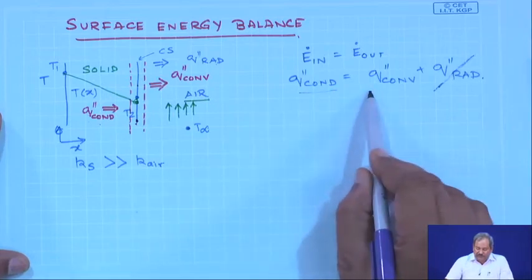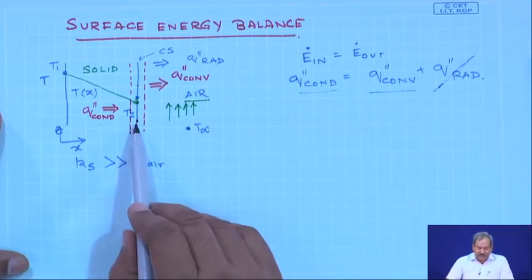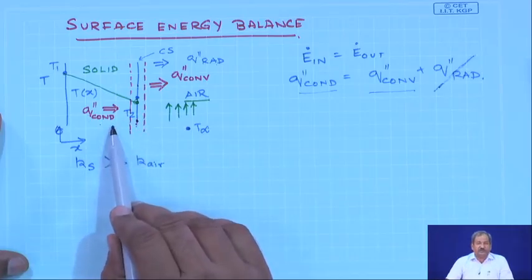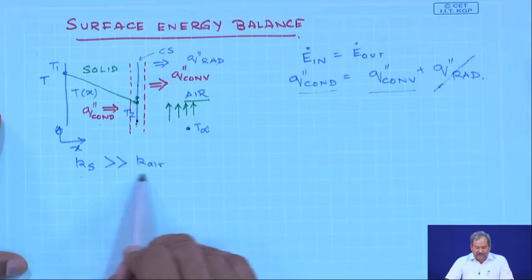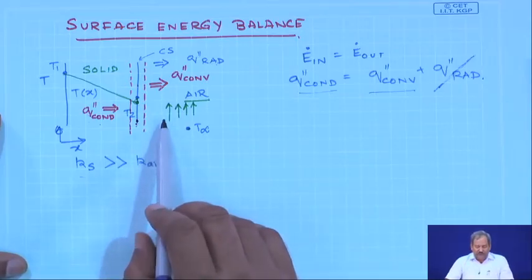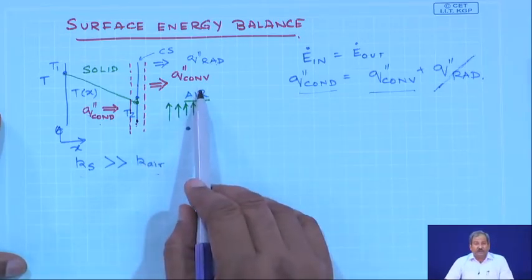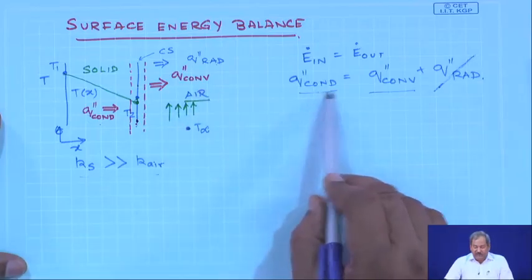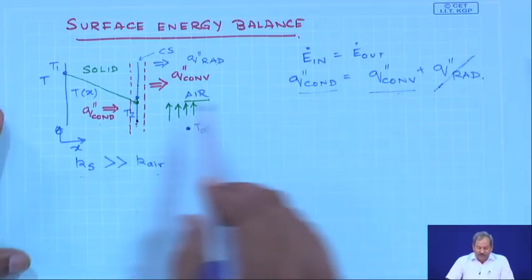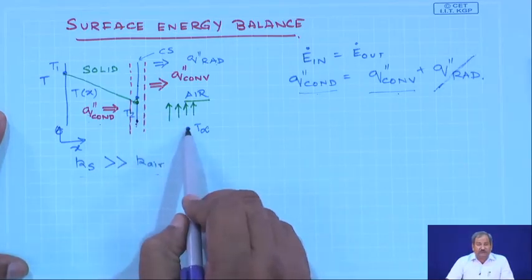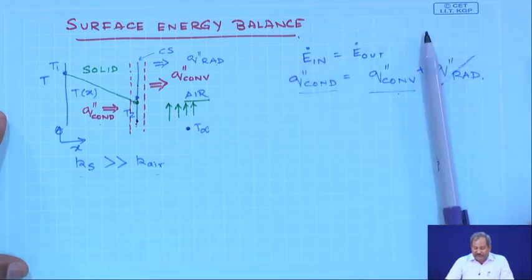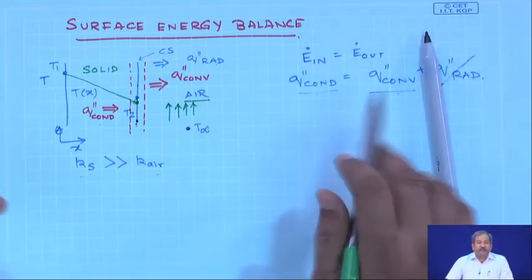So, you have equality of conduction and convection across a control surface, one side of which faces the solid, the other side is a flowing fluid of low thermal conductivity, because this is a prerequisite, low thermal conductivity, and therefore, convection is the prevalent mode of heat transfer, and your q conduction is equal to q convection. But how does the temperature profile go from here to T infinity? And therein lies something which I will have to explain to you later.